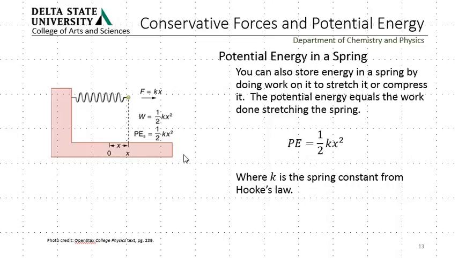For a spring, 1/2 kx squared. For kinetic energy, 1/2 mv squared. Remember, this k is a spring constant. These are all different ways we talk about forces and energy that are conserved, right?